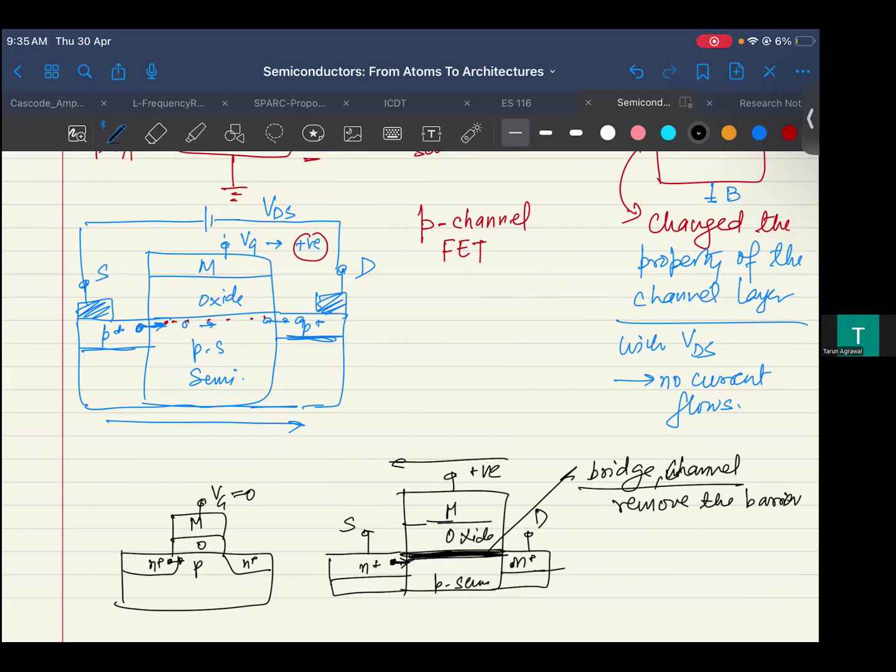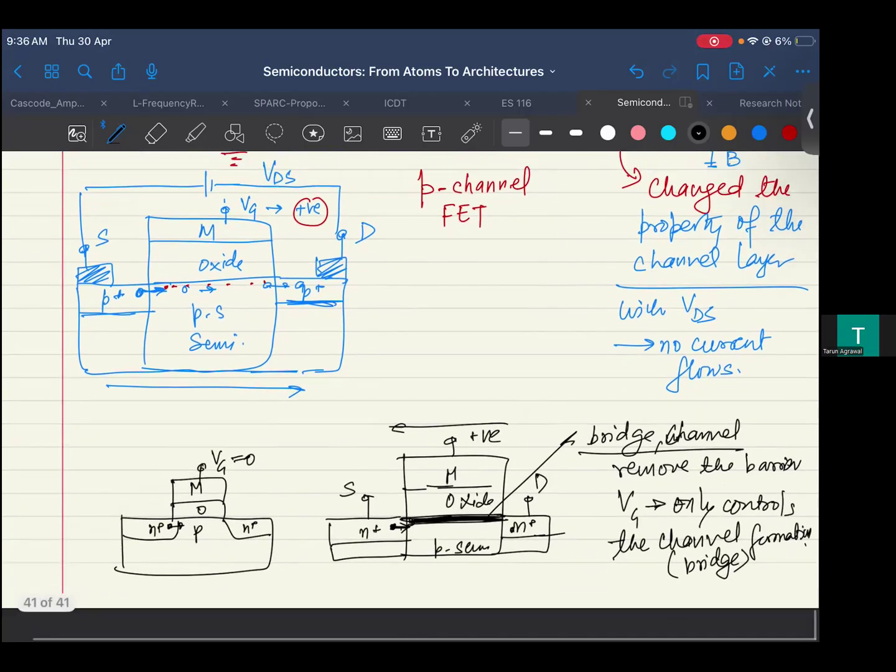But when does the current flow? It does not flow with Vg being high. Vg only controls the channel formation, let's call it, right? Channel formation, because this bridge is a bridge formation.